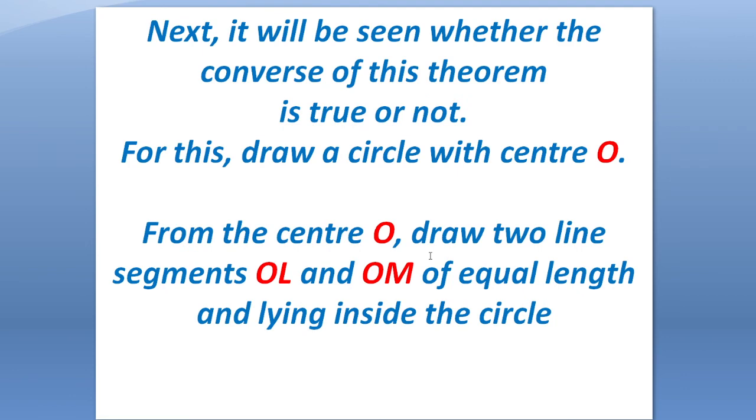Next, it will be seen whether the converse of this theorem is true or not. For this, draw a circle with center O. From the center O, draw two line segments OL and OM of equal length and lying inside the circle. See here like this.